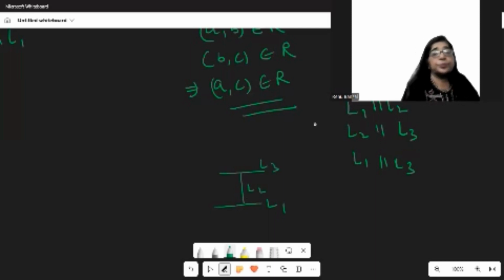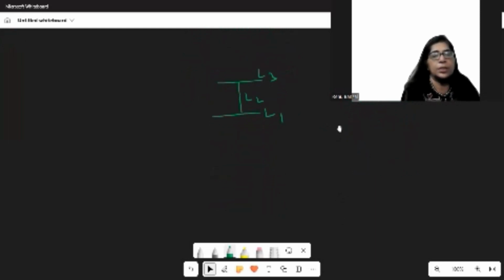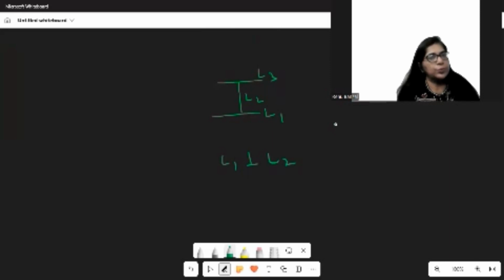The relation says line L1 is perpendicular to line L2, and line L2 is perpendicular to line L3. So will line L1 be perpendicular to L3?